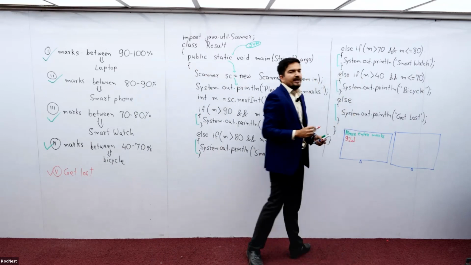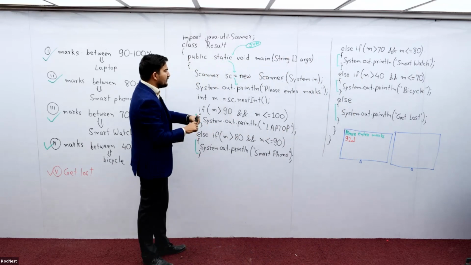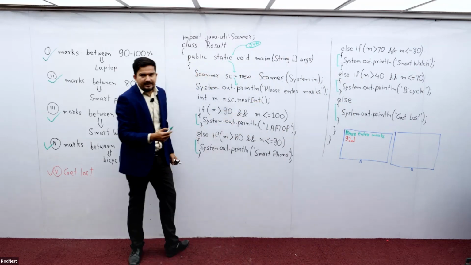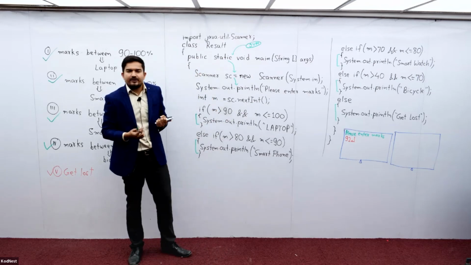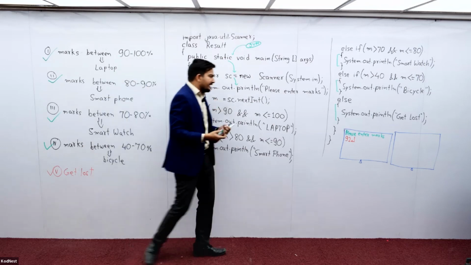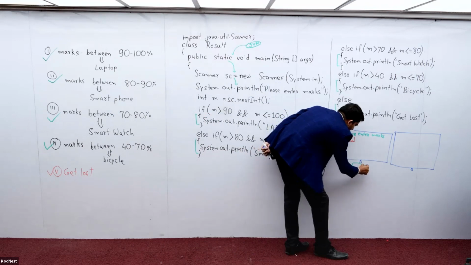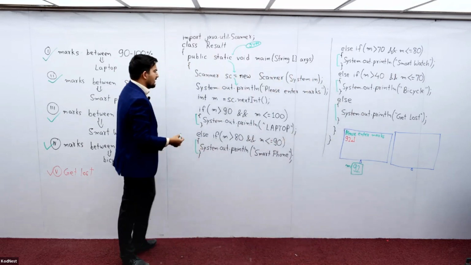She is going to press enter. As soon as she presses enter, using this sc.nextInt, that 92 is going to be accepted. And where are we storing it? We are storing it in a variable called m. So in the memory, what is going to happen? The m variable will be created and the value of m is going to be 92. This is what is going to happen.